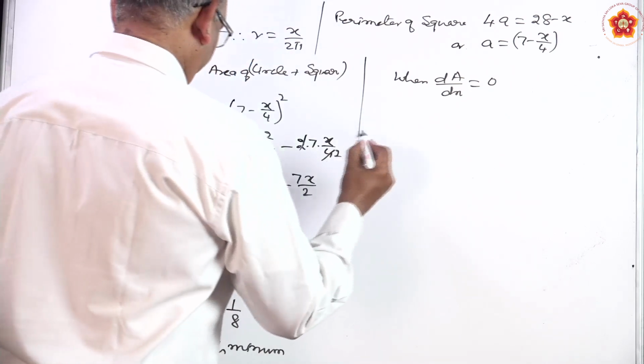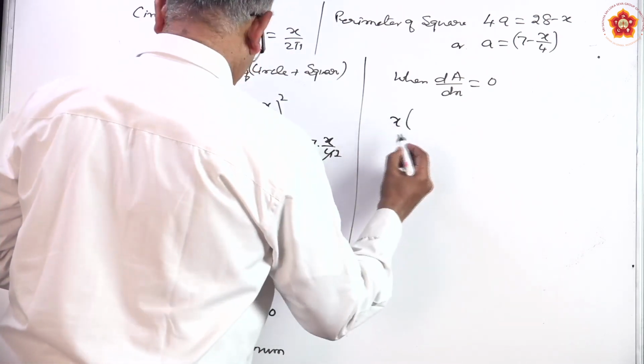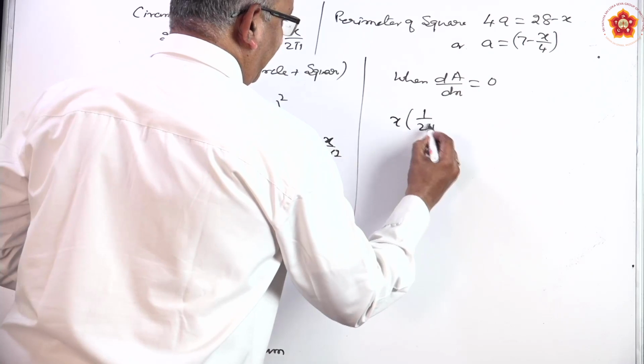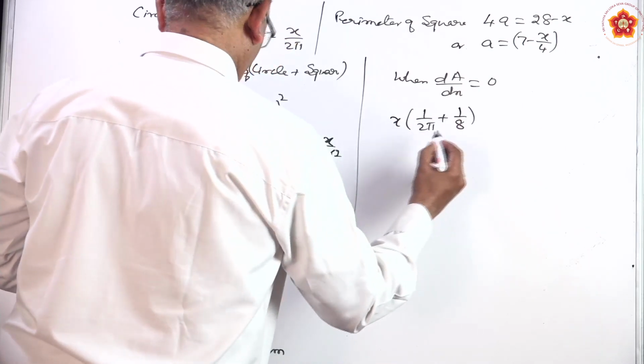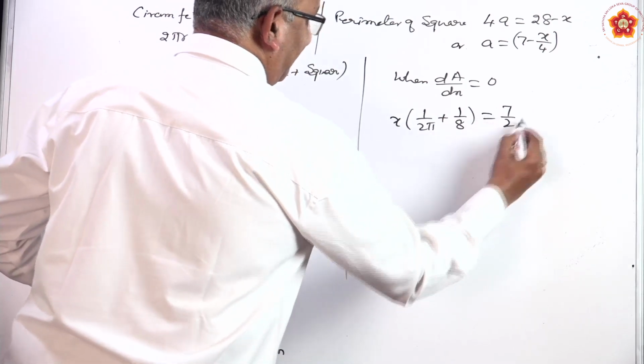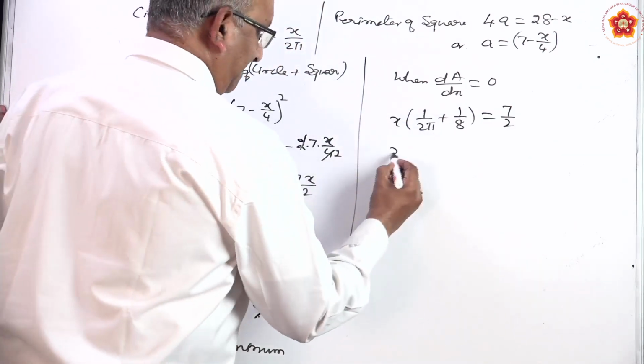If you take x common, it is 1 by 2 pi plus 1 by 8 equal to 7 by 2. Simplify it.